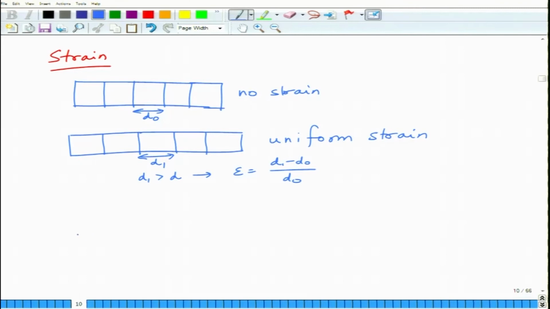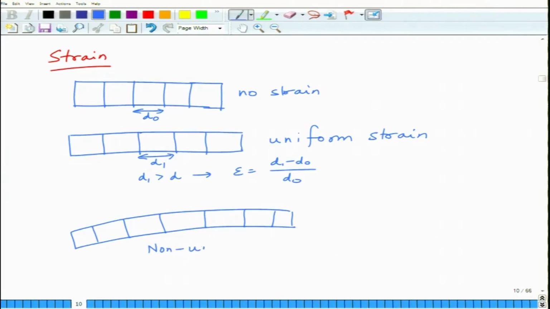And then you have non-uniform strain. For example, it can be a bent crystal like this, where you can have smaller spacing here, let us say it varies like this. So this is a case of non-uniform strain, and what you will observe in X-ray diffraction in this case.